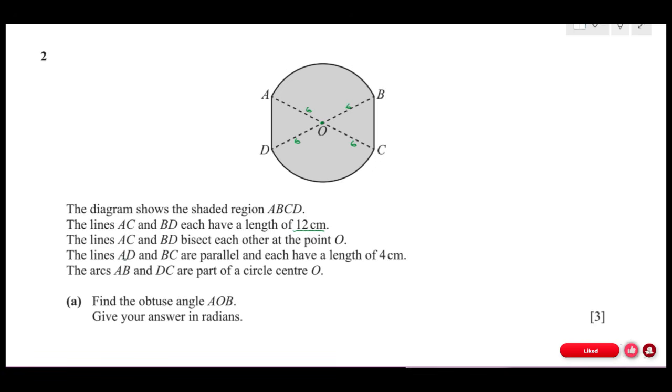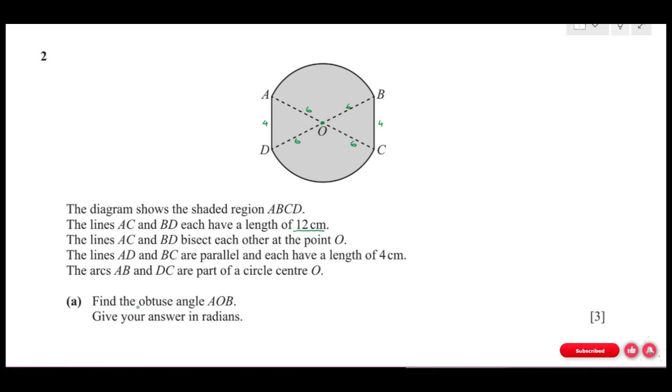Okay, the lines AD and BC, they are parallel, and each has a length of 4 centimeters. This length is 4, this length is 4. The arcs AB and DC, these two are part of a circle centered at O. So if O is the center, O to A is the radius, O to B is the radius, O to C is the radius, OD is the radius, which is 6.